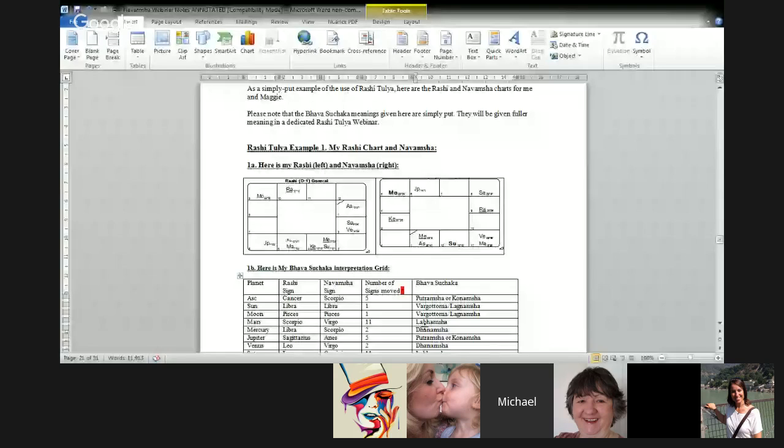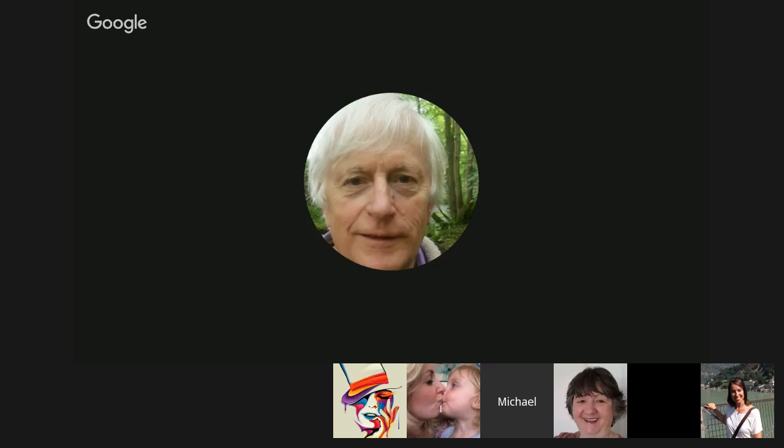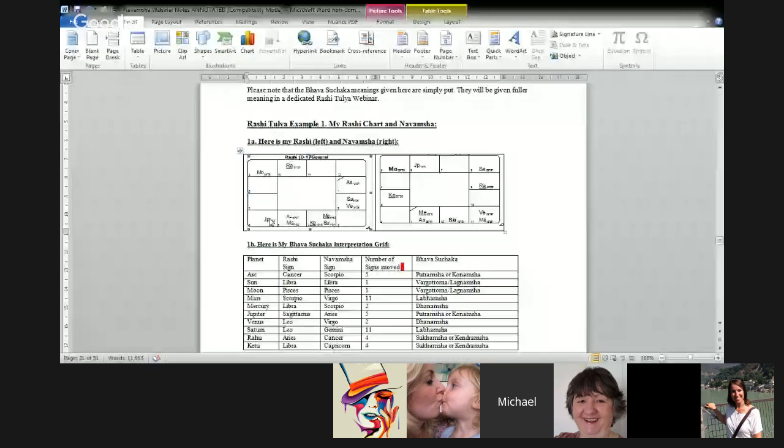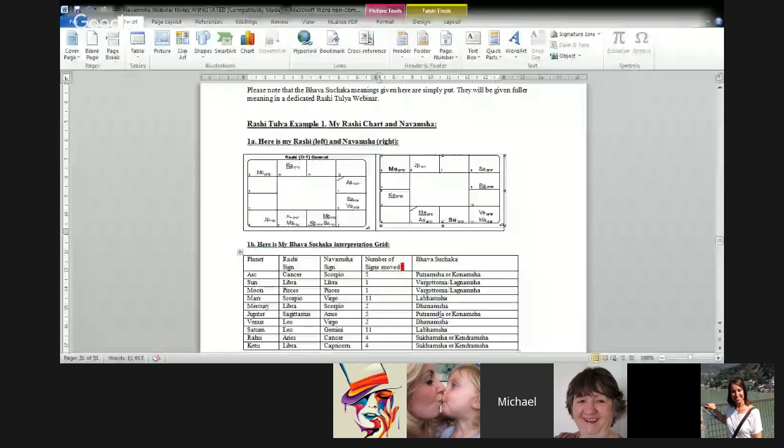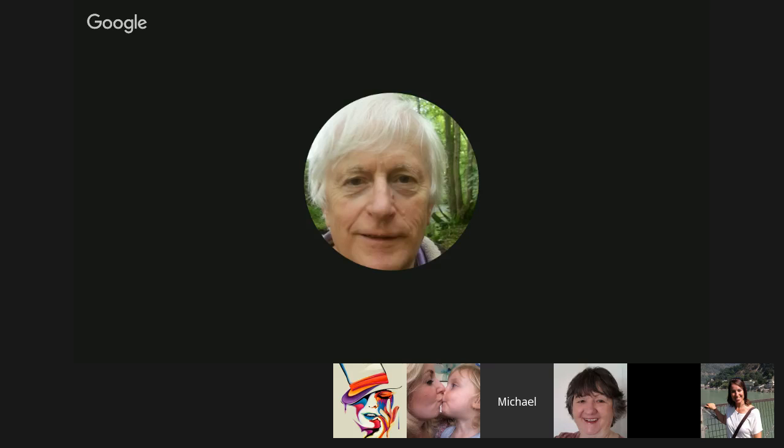My Jupiter is in the 6th house in Sagittarius. Very, very powerful. It's Mula Trikona. And it moves 5 signs. 1, 2, 3, 4, 5. There it is. Which again is very creative. My Venus moves 2 signs, 1, 2, so there it is there, which again is creative.